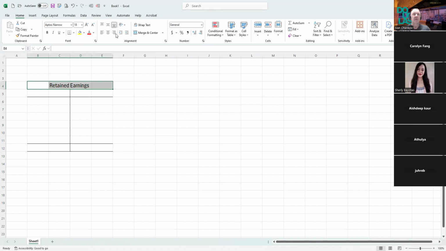Okay, we got the retained earnings. So now what we have to do is put the beginning balance here. On which side will be the beginning balance? On this side obviously will be debit. On the other side will be credit. So where will be our debit and our credit? Meaning, what will be the normal balance of this account?